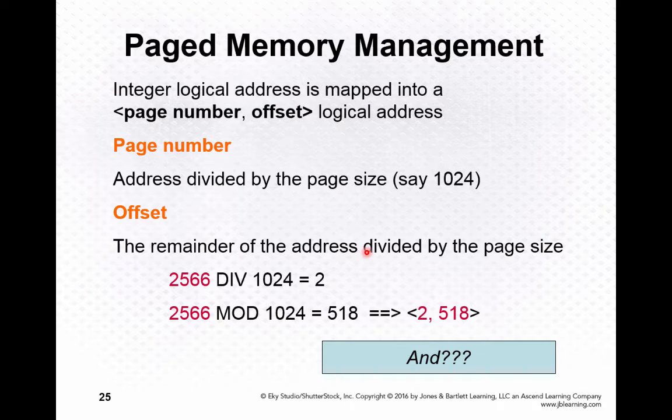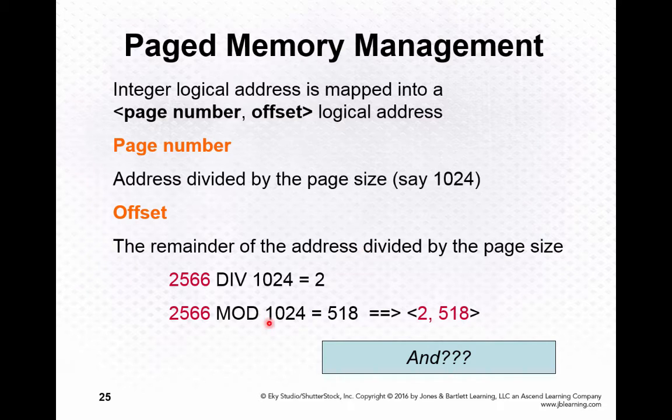So in paged memory management, you can really think of these memory addresses as a combination of a page number and an offset. In this case, the page number might be the actual address divided by whatever the page size is. So 1 kilobyte is 2 to the 10th, or 1024. And so the offset would be the remainder. Now, if you have a page size that's a power of 2, this is really easy bit math.